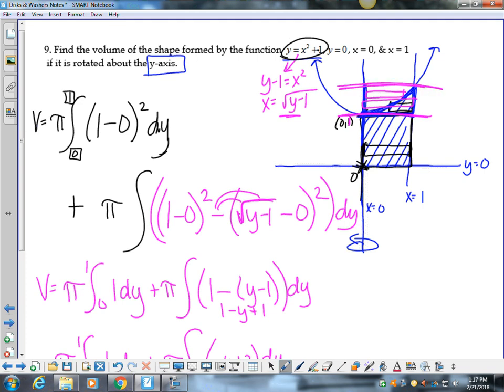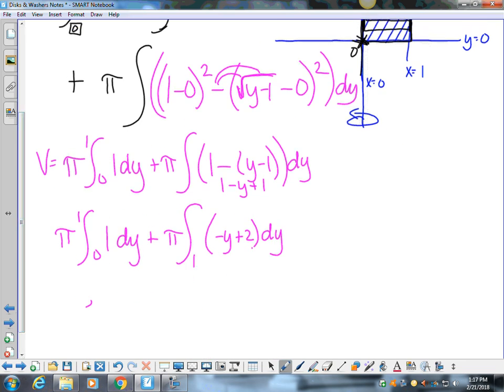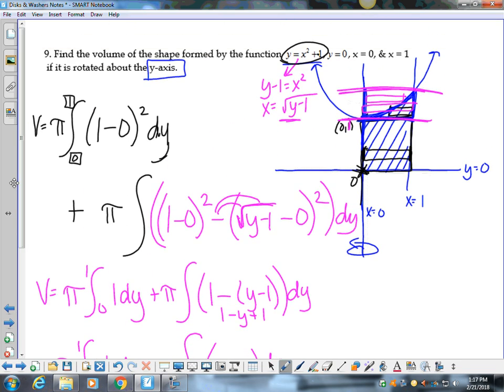Well, I know this is 1. So I can go down there and put a 1. And then I need to find the intersection of these two. So that's y equals x squared plus 1. And x is 1. So if I plug a 1 in there, I'm going to get a 2.